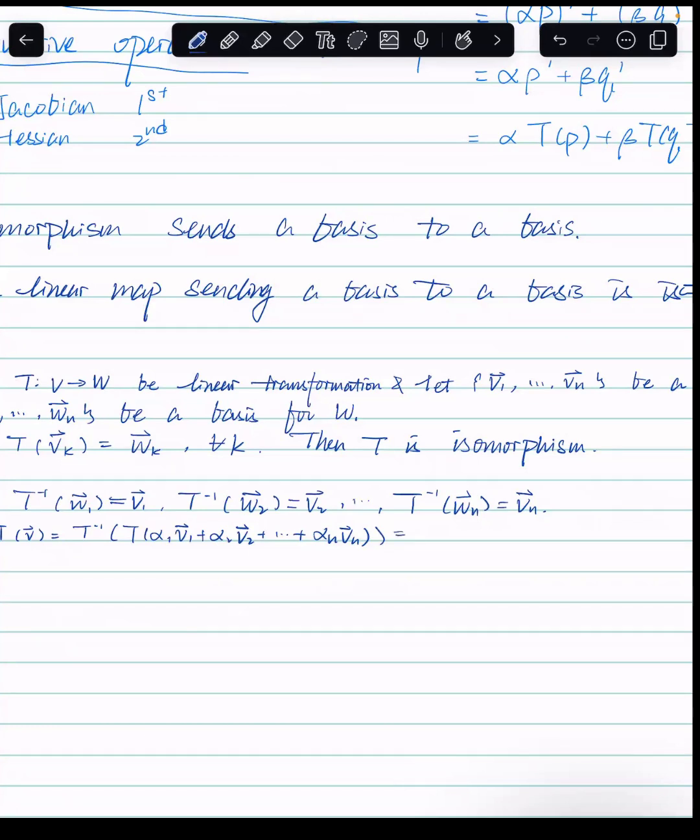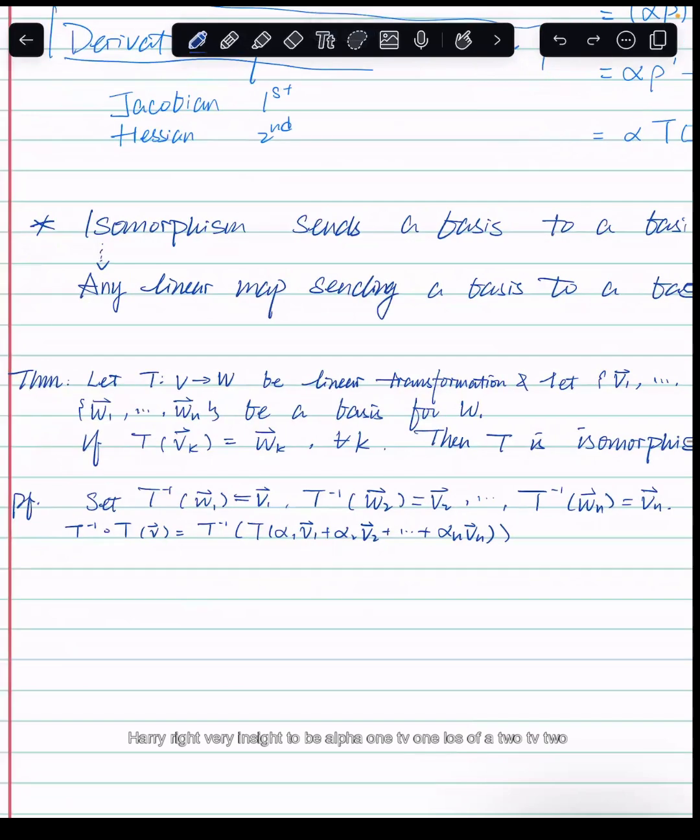Since T is a linear transformation, we can rewrite it as alpha 1 TV1 plus alpha 2 TV2.